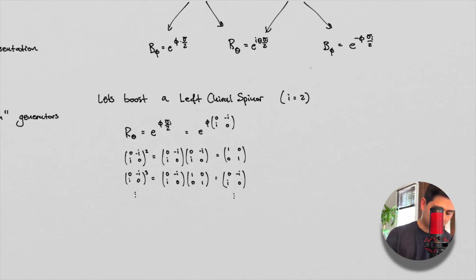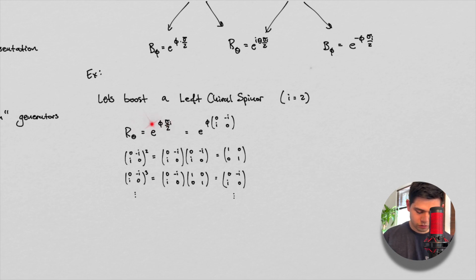So let's just do an example. The example is we're going to boost a left chiral spinor with just i being 2, right? So i not being the imaginary number, but i being the type of Pauli matrix we are going to use. You can do this for any Pauli matrix, but we're just going to do this for i equals 2, as an example.